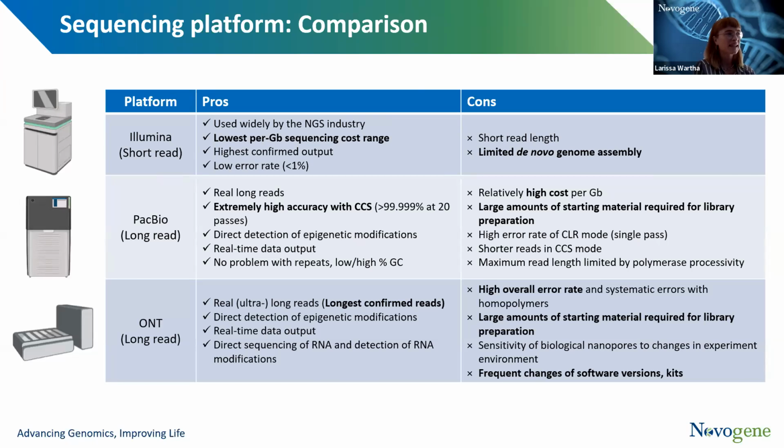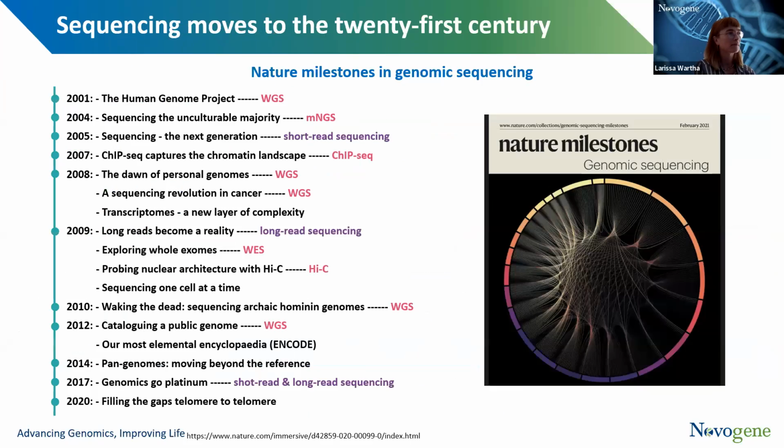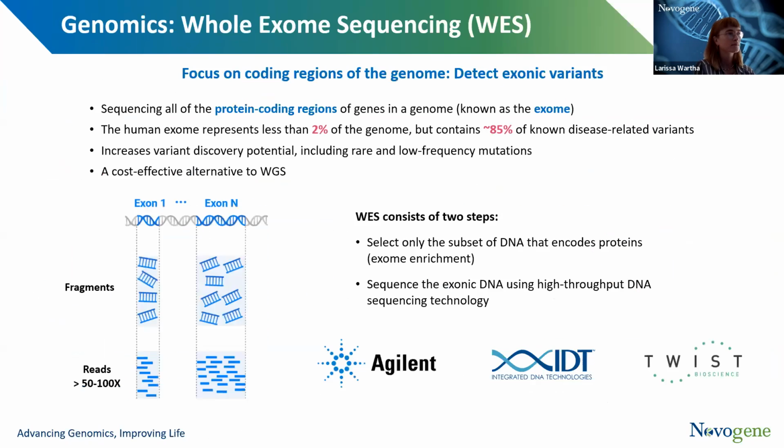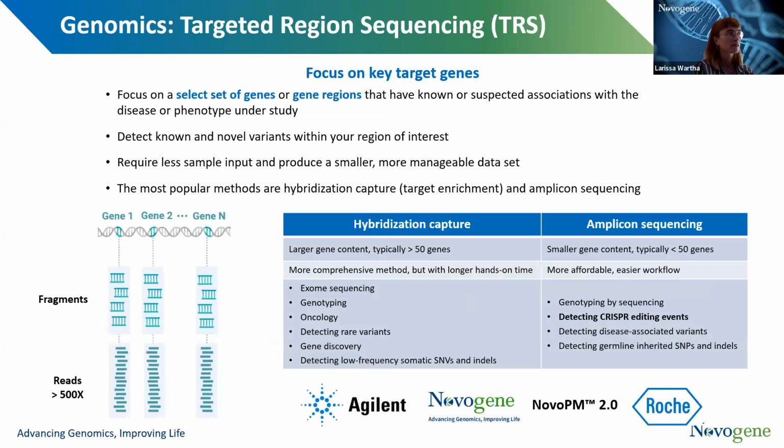And as I said, you can basically have different approaches here. You can look at creating a new panel where you entirely target only the region of interest. However, this might involve quite some time, and it may also be more expensive depending on how big the genome is you want to sequence.